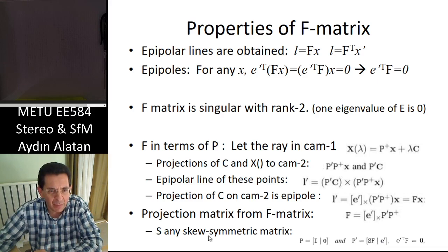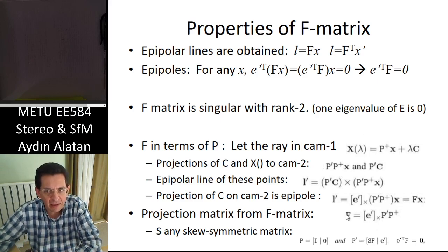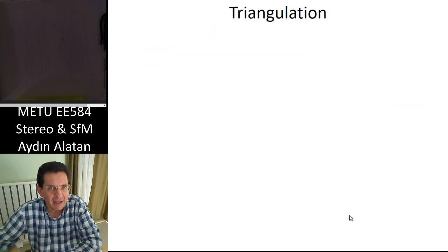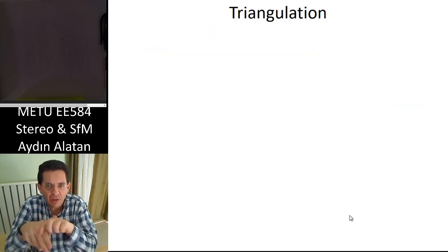Please note, when I say arbitrary, given an F fundamental matrix in an uncalibrated scene, you cannot obtain the projection matrices uniquely. But from the given projection matrices P and P prime, from the pseudo inverse of P and P prime and also the epipole, you can obtain uniquely the fundamental matrix.